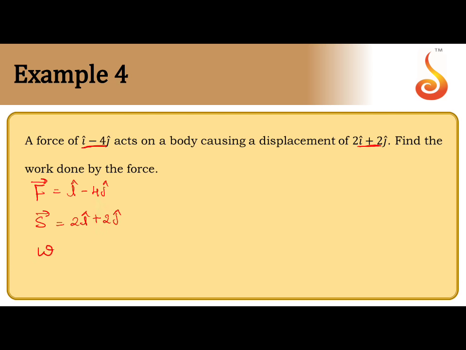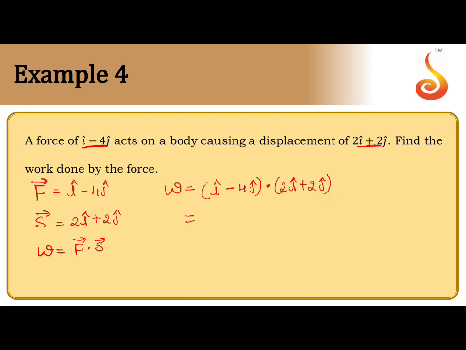Now the work done is equal to F vector dot S vector. So the work done will be equal to i minus 4j dot 2i plus 2j.